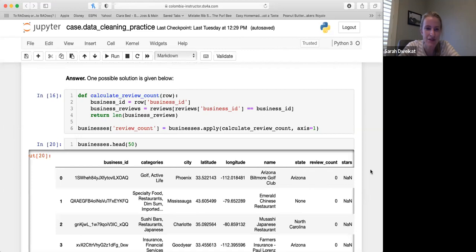Well, that is very odd, isn't it? It could be that some of the business IDs in this businesses data set don't necessarily match up with our first 1,000 rows of our reviews data set.